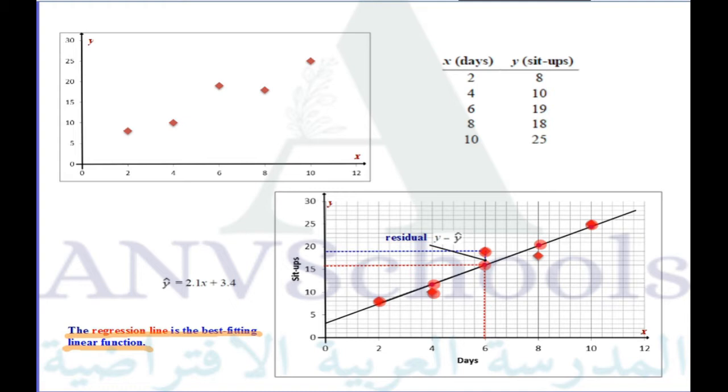This is taken from somebody who got injured, and upon noticing that he or she is recovering from the injury, decided to have a test on the sit-ups. So these are the data for the days that this person recorded, and this is the number of sit-ups completed for each day.